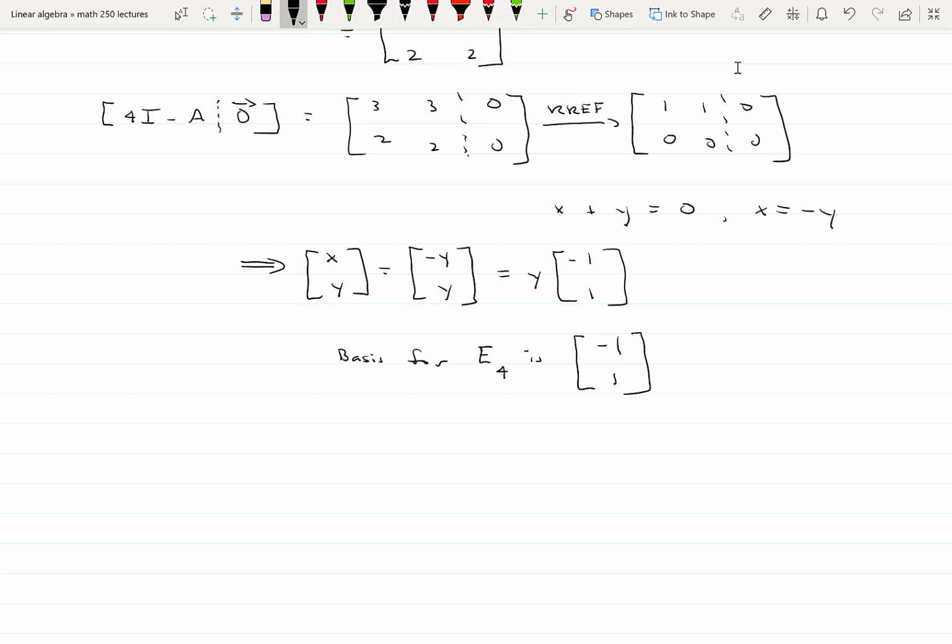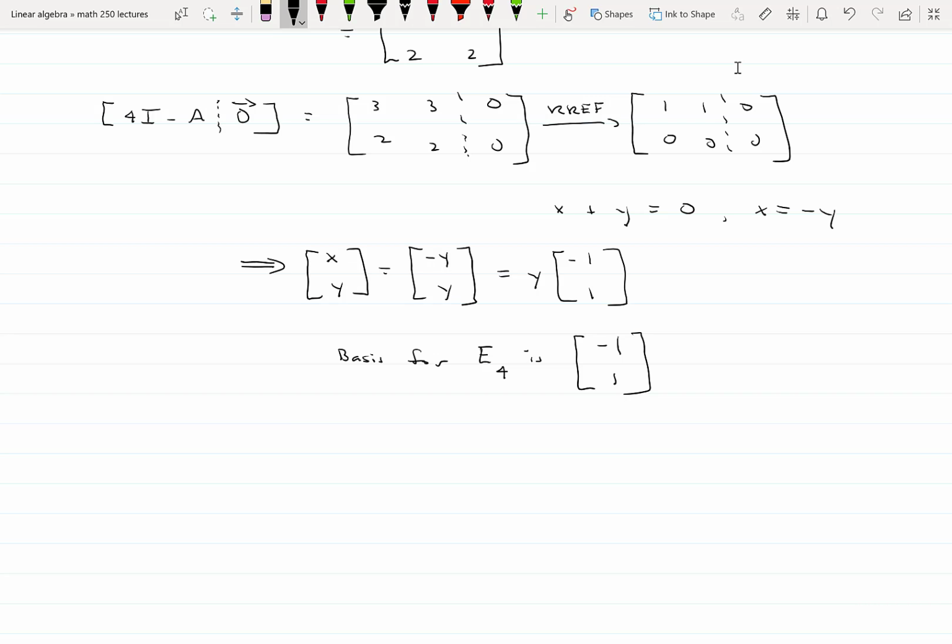We need linear independence and spanning. Well, we have the spanning. The vector x, y is a linear combination of one vector. And one vector, as long as it's not the zero vector, is always linearly independent. The only solution to the equation C1 times the column vector -1, 1 equals 0 is C1 equals 0. So this is, in fact, a basis.